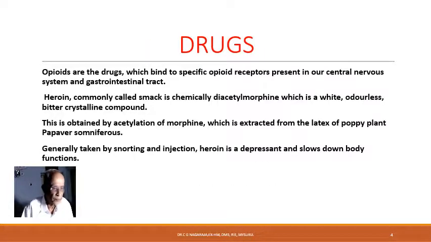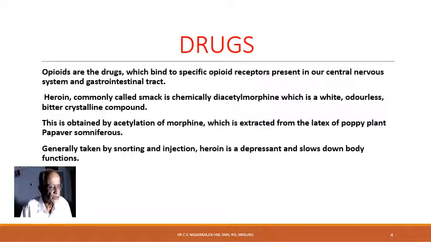One group of drugs is called opioids. These drugs can be taken either in the form of powder or in the form of a tablet, or we can put them in water and drink it also. These drugs are called opioids.